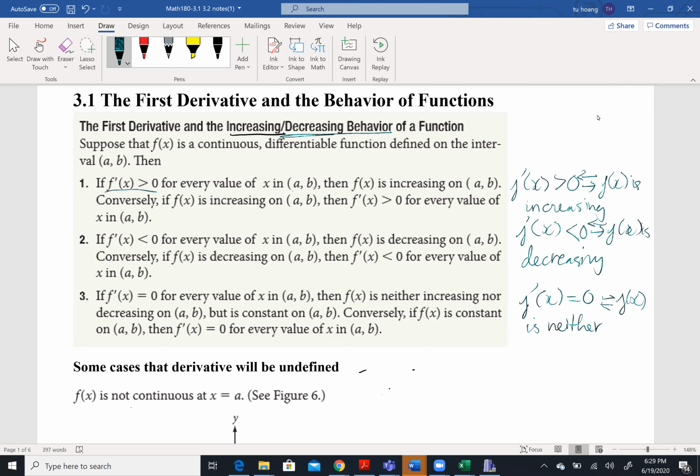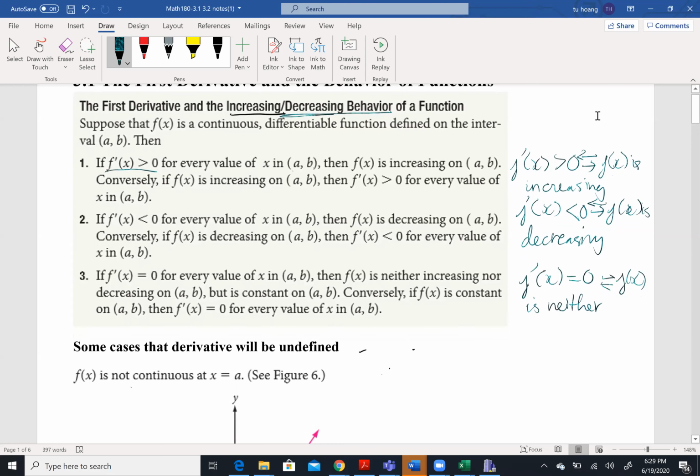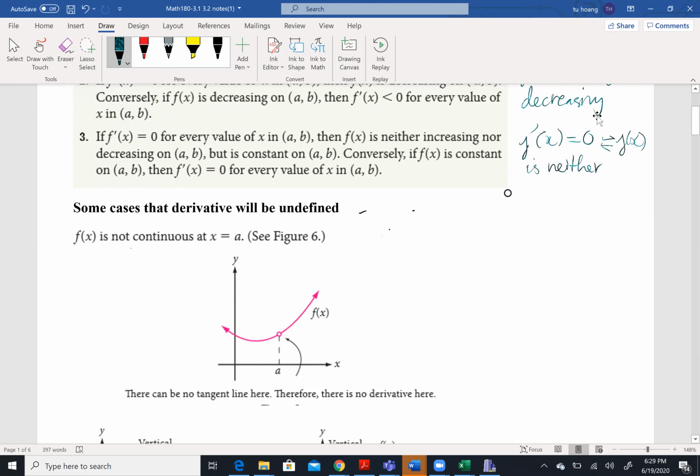Now I would like to remind you about some cases where the derivative will be undefined.